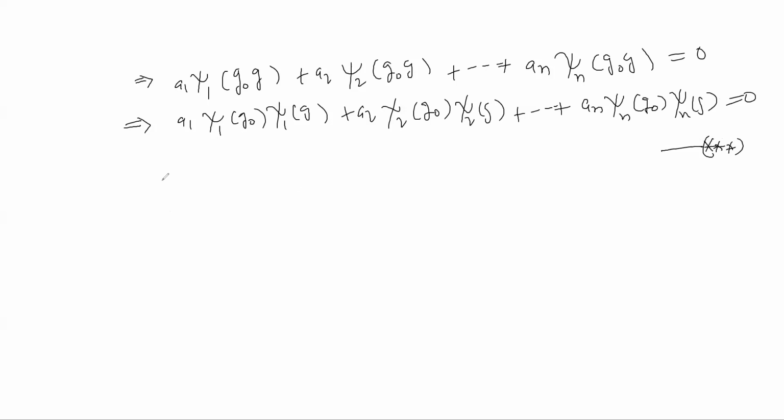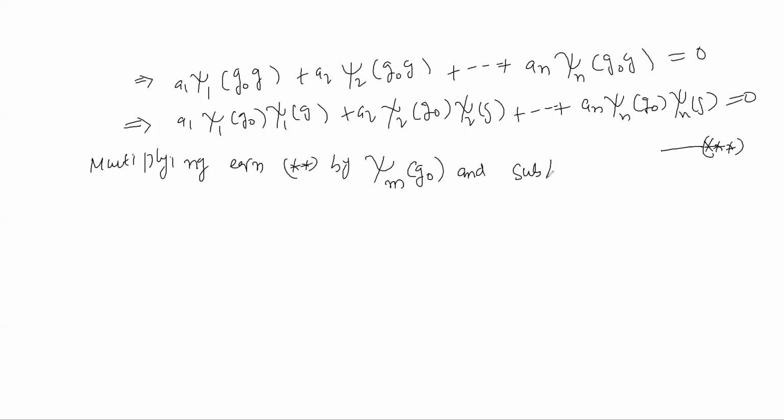Now multiplying equation double star by chi m of g naught and subtracting it from the equation triple star, we get an equation of this form.